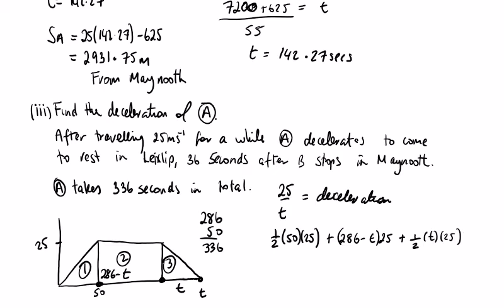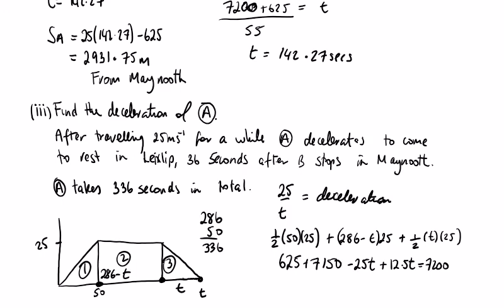So we simplify this down. We had that already with 625. So 286 by 25 is 7150 minus 25t, and that's plus 12.5t. All has to be equal to 7,200.